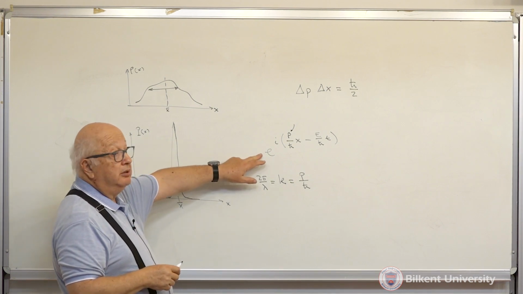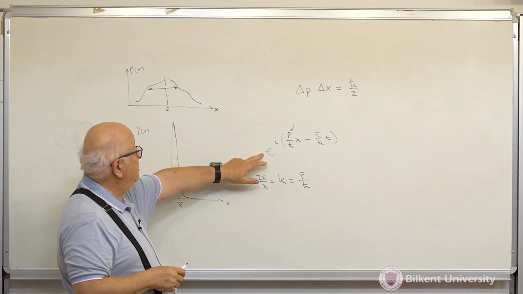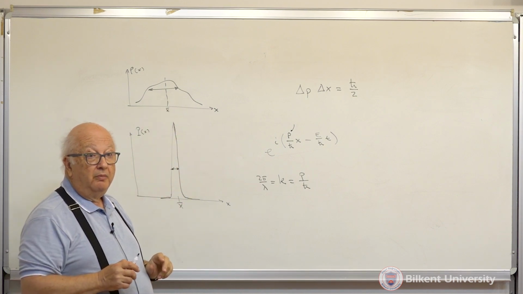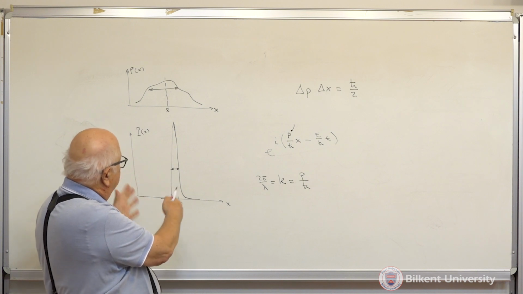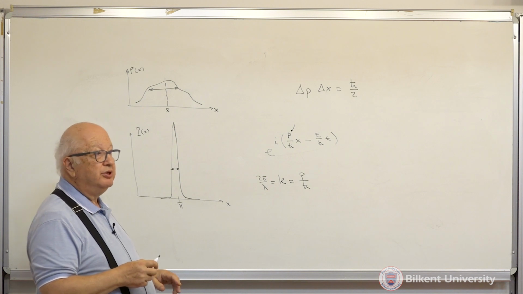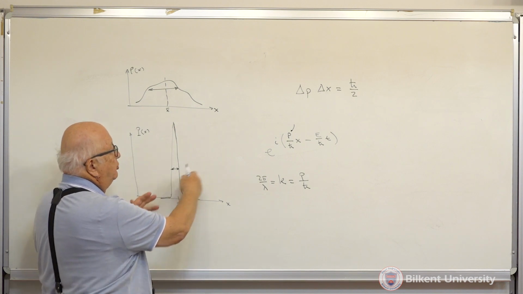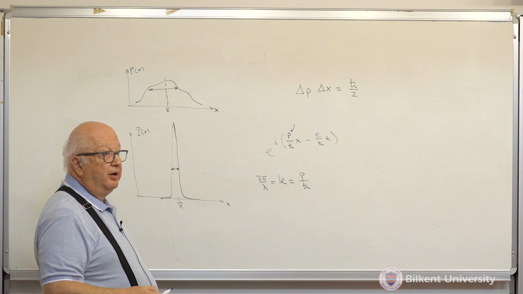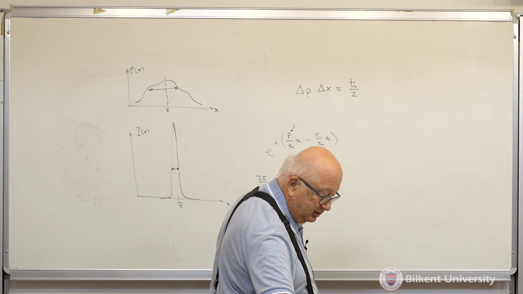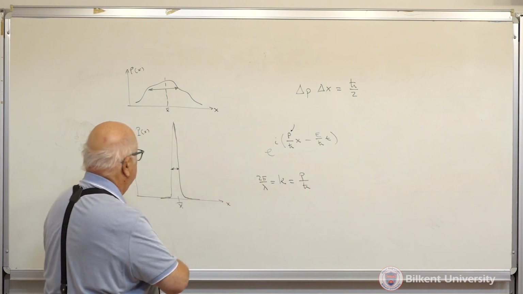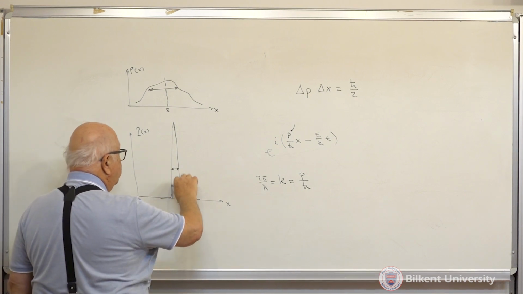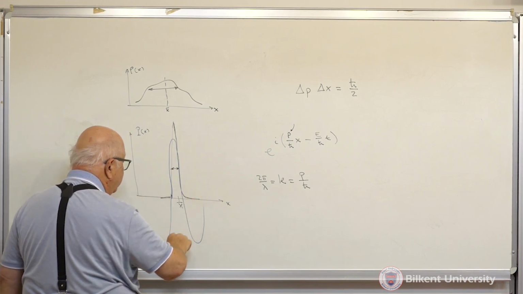Now, this function does not look like this function or that function. But if I want to get some information about the momentum here, I would like to somehow relate these things to a wave like this. And you can sort of see that if I want to construct this object out of a wave, I would need a pretty short wavelength wave, right?